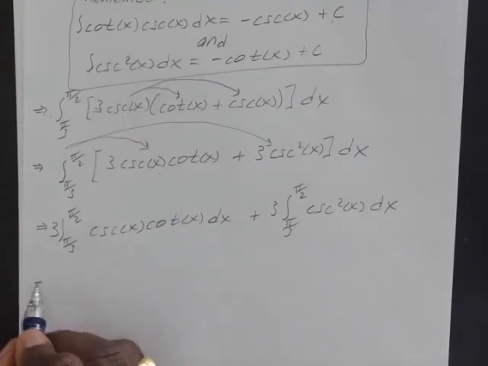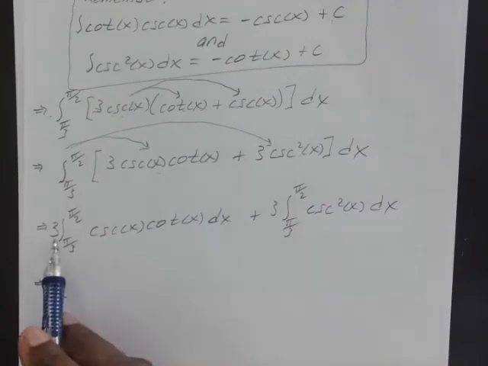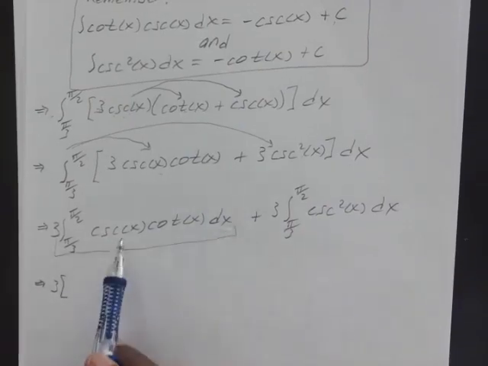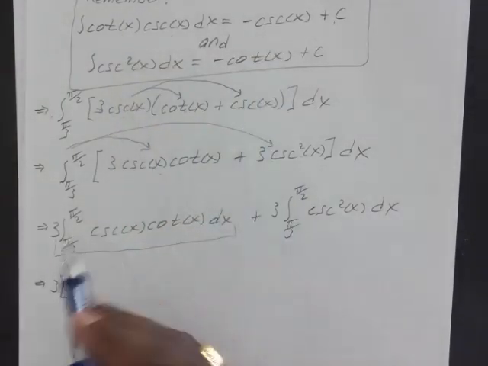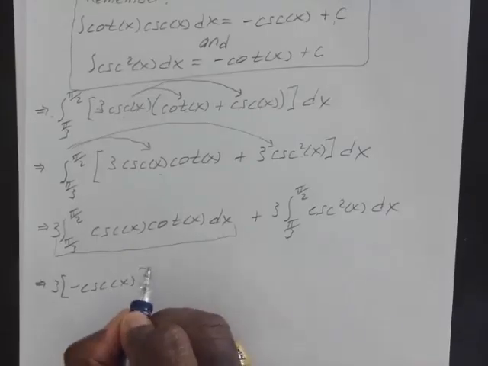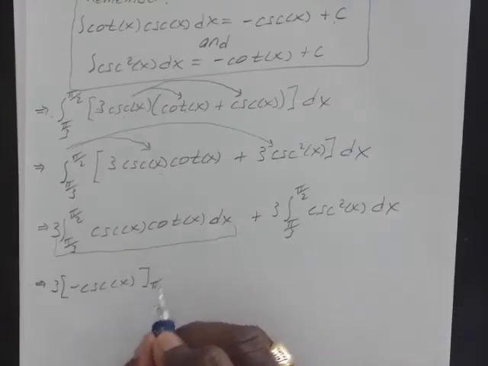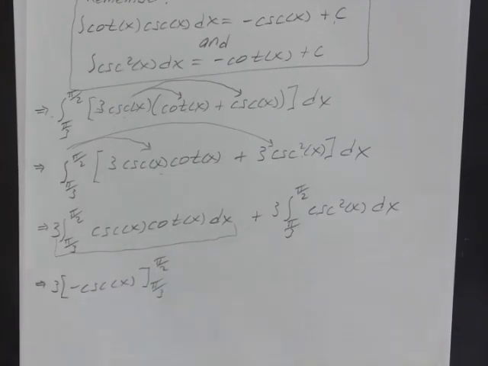Okay, so the next step would give us 3 times the integral of cosecant cotangent is negative cosecant of x, from x equals pi over 3 to pi over 2.